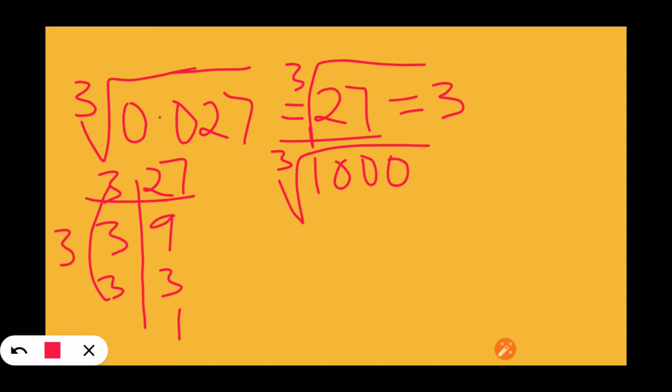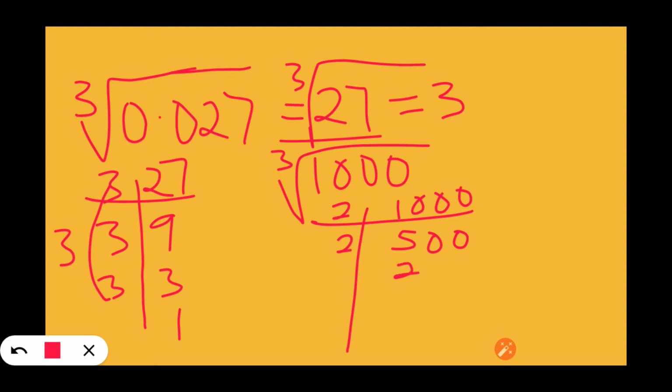Okay, let's look at the cube root of 1000. I'll come down here to find the cube root of 1000. Okay, that's 2. 2 into 10 is 5. 2 into 0 is 0. Into 0 is 0. Okay, 2 into 5 is 2. Remaining 1, I take it here.